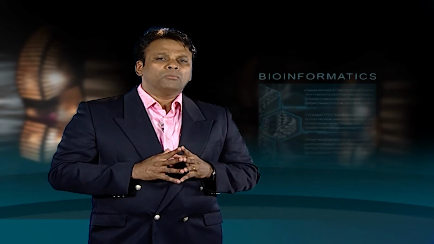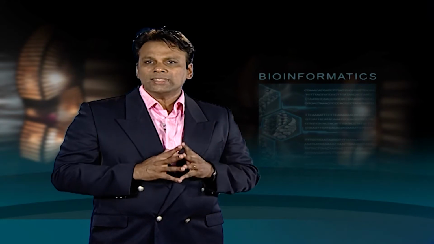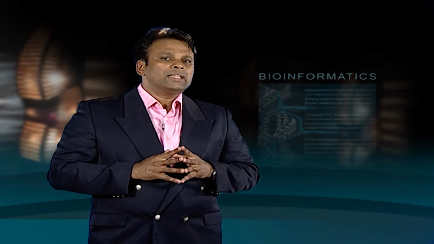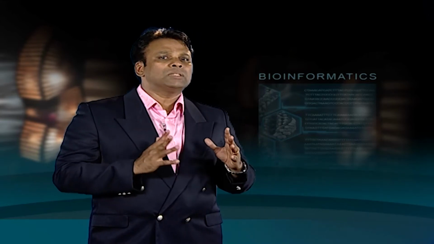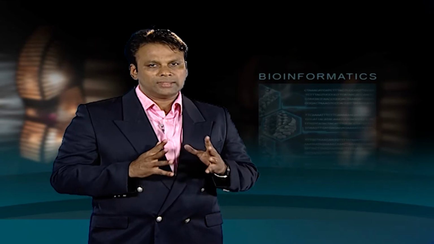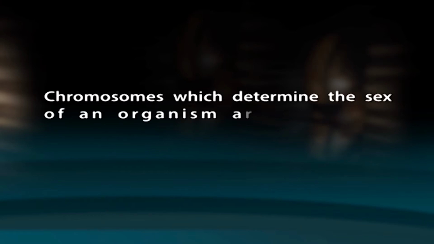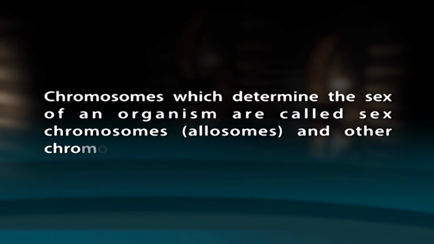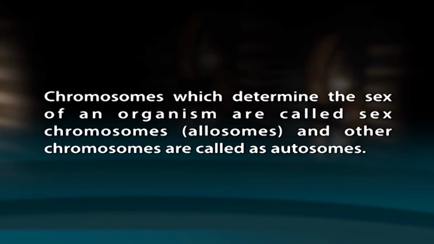Organisms have morphological sex differences as males and females. Generally, sex chromosomes which contain sex determining genes determine the sex. Thus, chromosomes which determine the sex of an organism are called sex chromosomes, otherwise called allosomes, and other chromosomes are called autosomes.